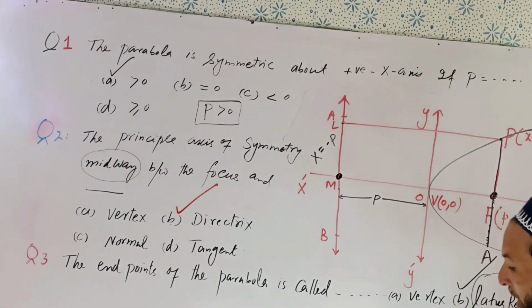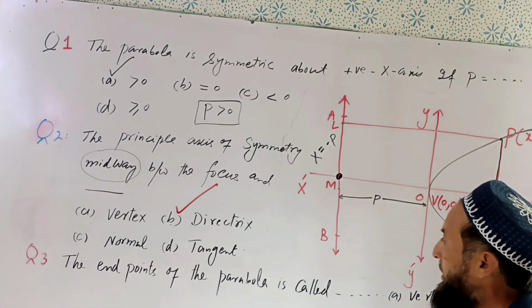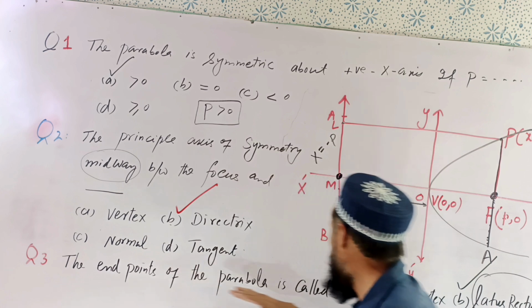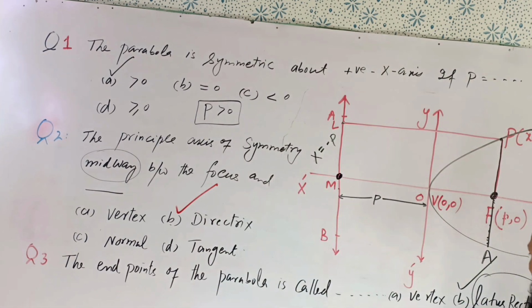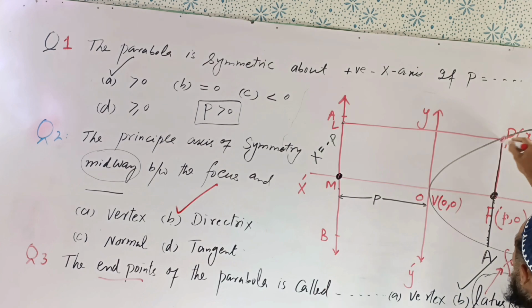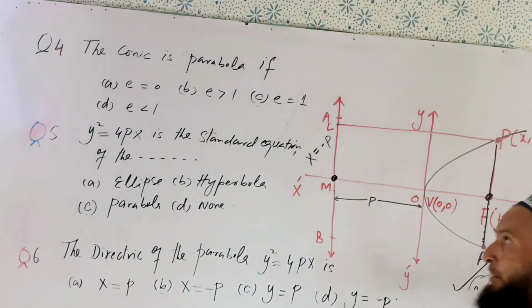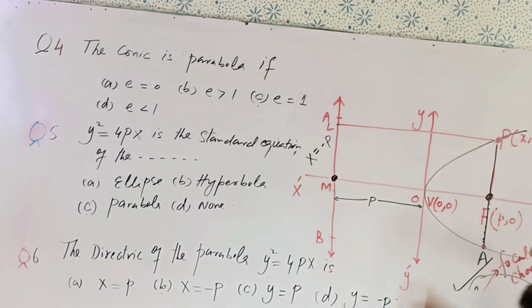Any line which passes through the focus perpendicular is called the latus rectum of the parabola. The latus rectum is also called the focal chord. Another name we can say is focal chord. The topic is very interesting, and we are proceeding step by step according to the diagram.